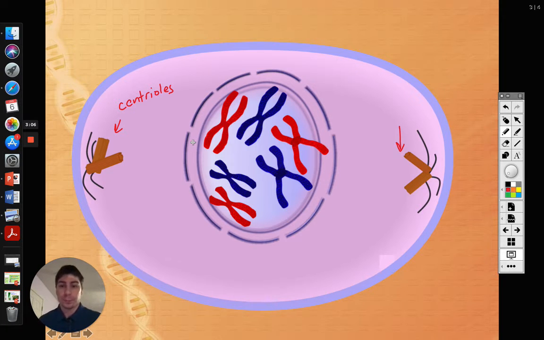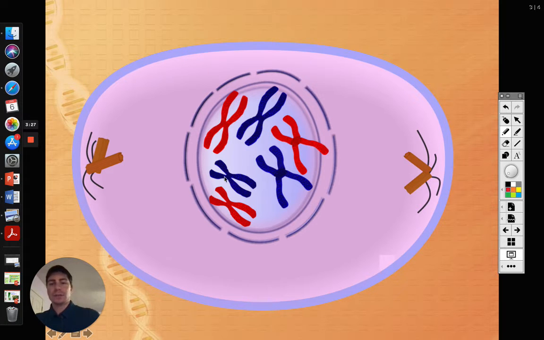Okay, so big things for prophase. We're going to go over three things. First thing, our chromatin becomes chromosomes, so that's DNA condensing. Second thing, our nuclear envelope breaks apart and it'll disappear.